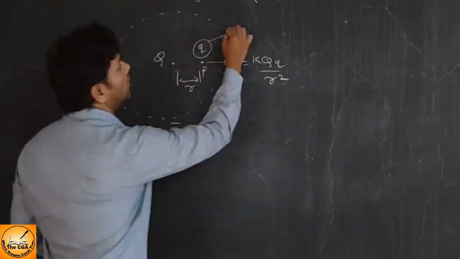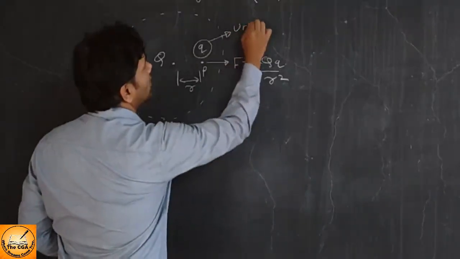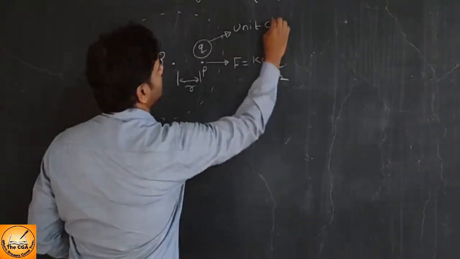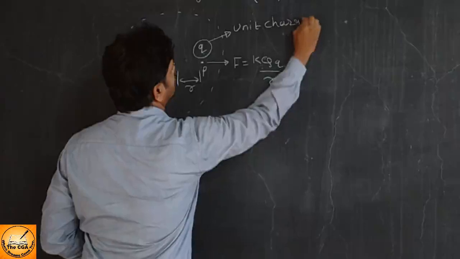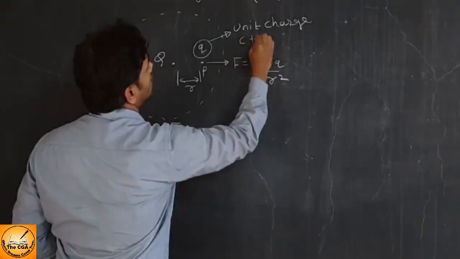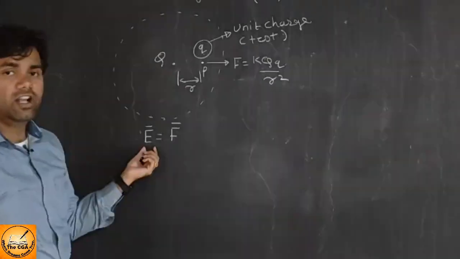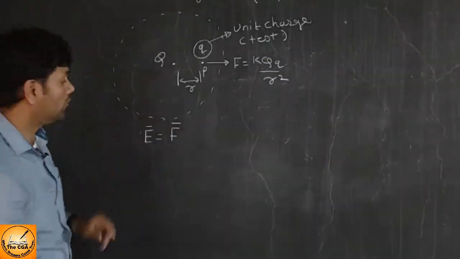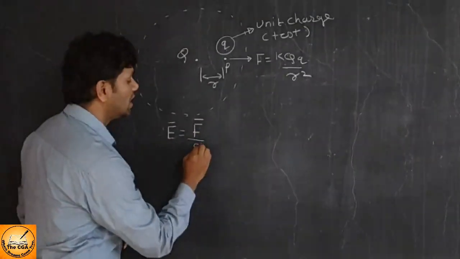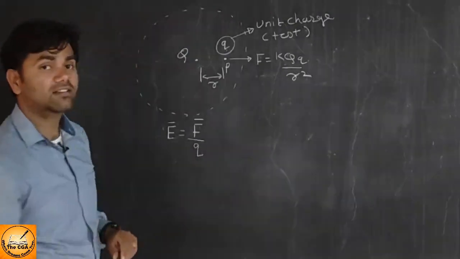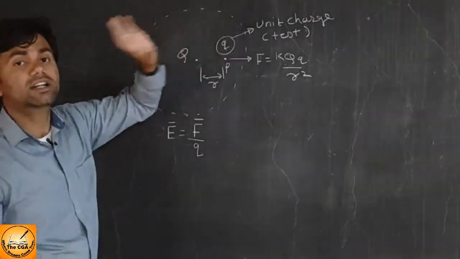This charge we are going to call a unit or test charge, right? So the electric field is defined as the force acting on a unit charge, or you can say the force acting on a test charge.